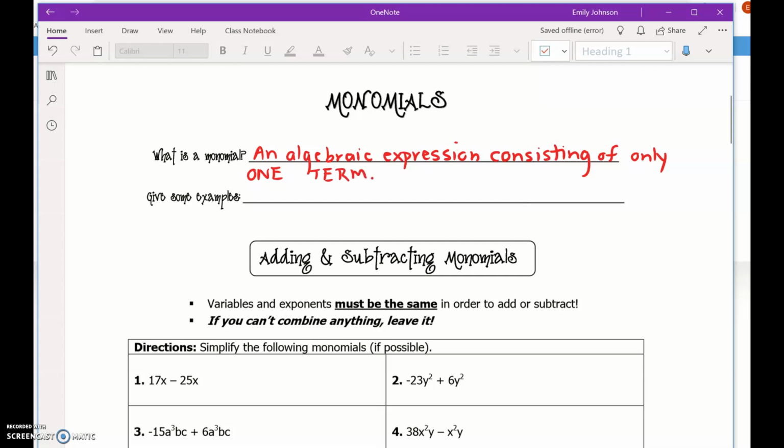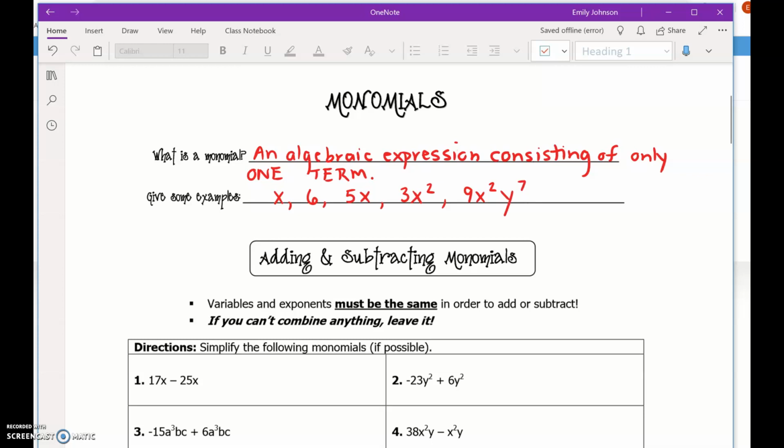We could have a variable like x, we could have a solid number like 6, or we could have a number multiplied by a variable such as 5x, or what we're really going to see more of in this chapter are numbers multiplied by variables with exponents, something like 3x squared or 9x squared y to the 7th power.